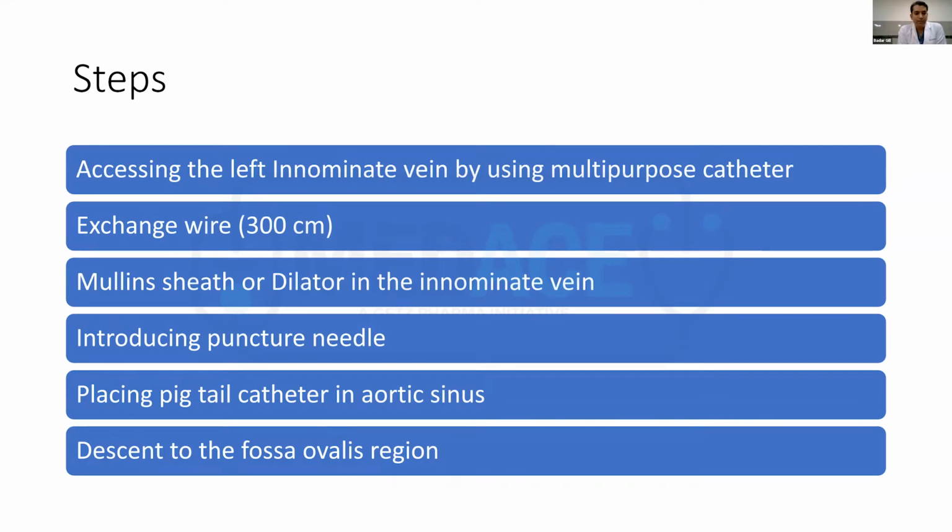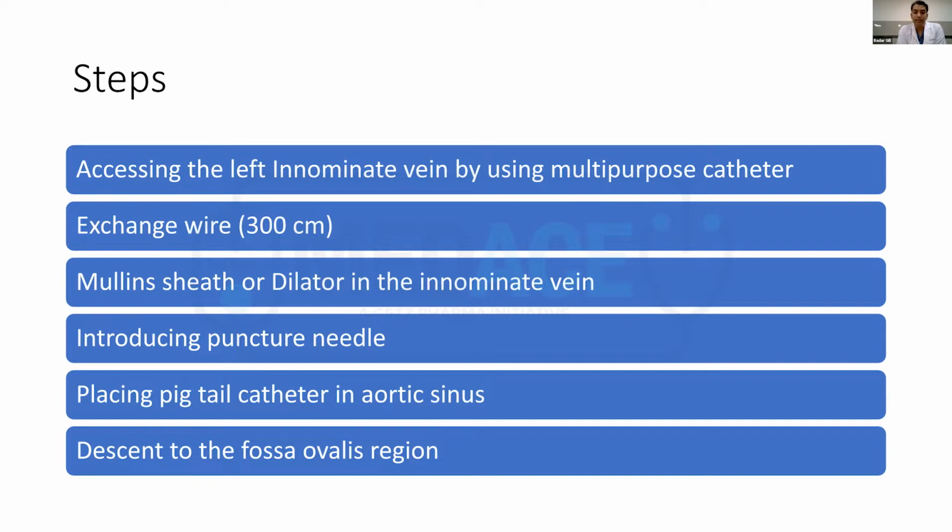These steps will be told in detail by my colleague after the case presentation. But just to go across it, there is accessing the left innominate vein using a multi-purpose catheter. Exchanging the wire, we will remove the multi-purpose catheter and place the wire in the innominate vein. Then the Mullins sheath or dilator goes on the wire in the innominate vein.